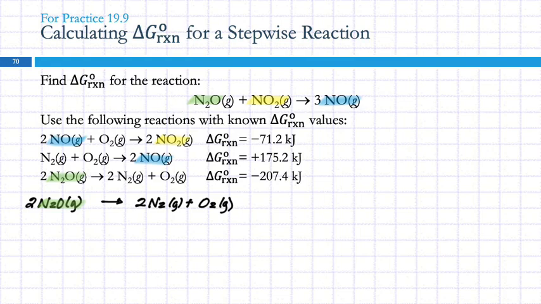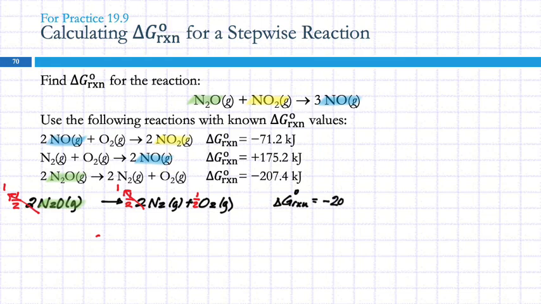So to get 2 to be a 1, we need to multiply by 1/2, right? And when we do that, that becomes a 1. And I'm going to multiply this by 1/2, so that also becomes a 1. And this guy gets multiplied by 1/2 and it just stays 1/2. So over here, I'm going to keep track of my delta G's.